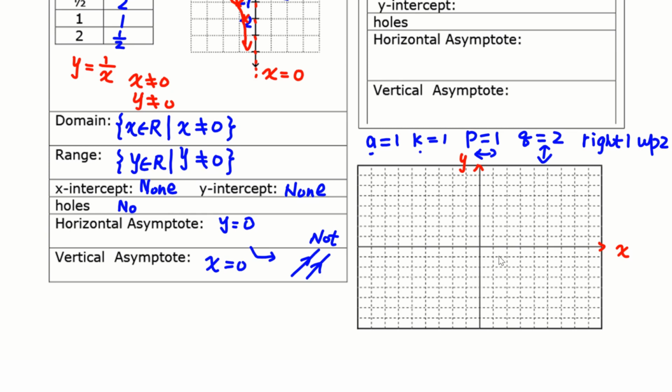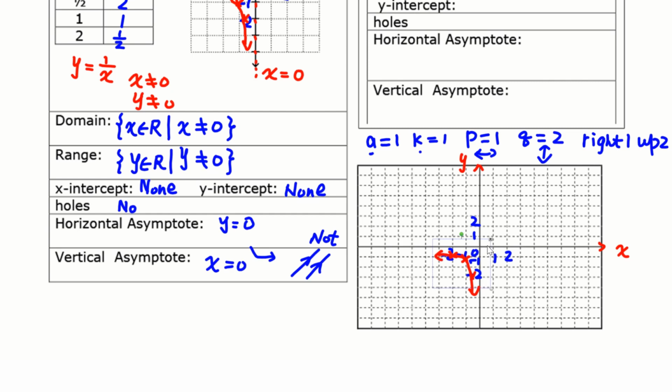So 1, 2, 0, negative 1, negative 2. Then when x equals negative 2, 1 over x is negative 1 over 2. Then for negative 1, 1 divided by negative 1 is negative 1. For negative 1 over 2, 1 divided by it is negative 2. So we have this branch.